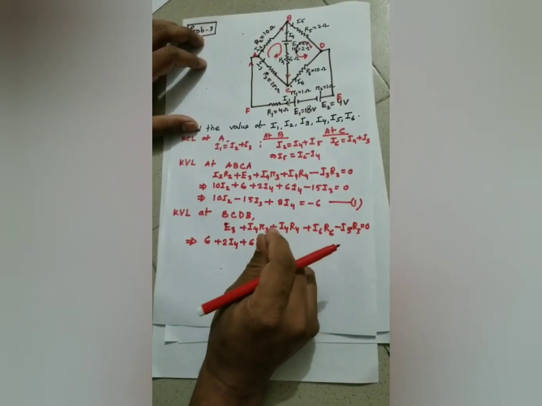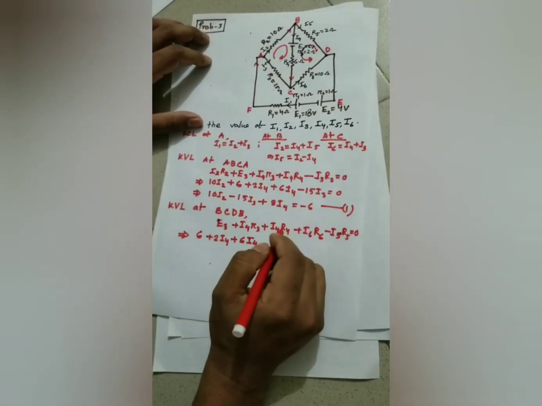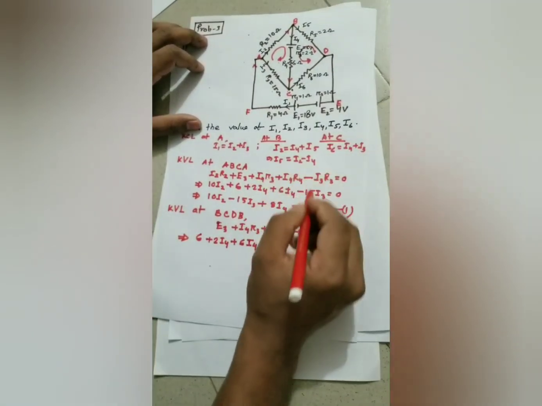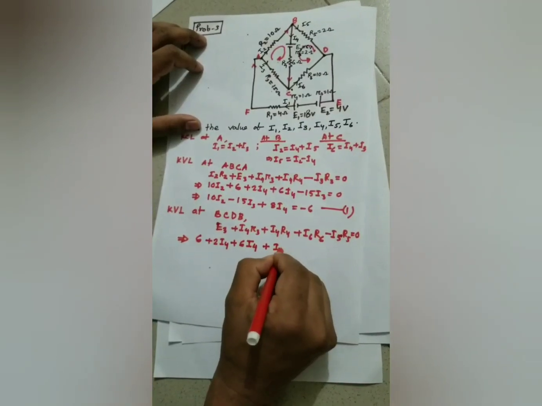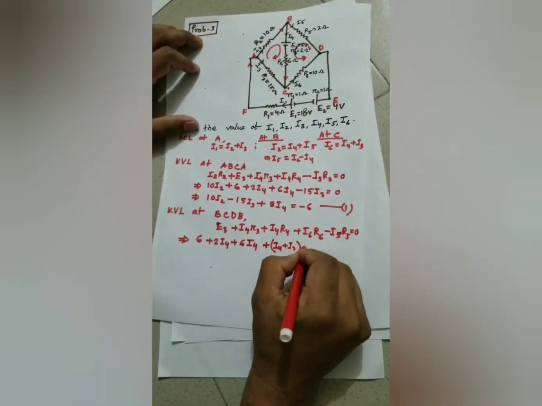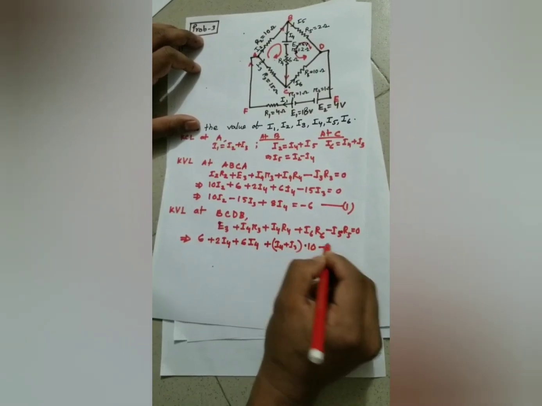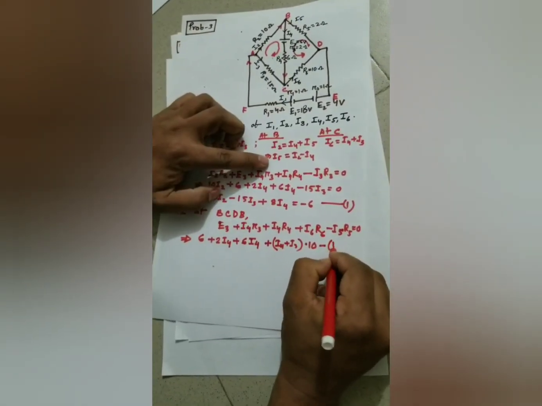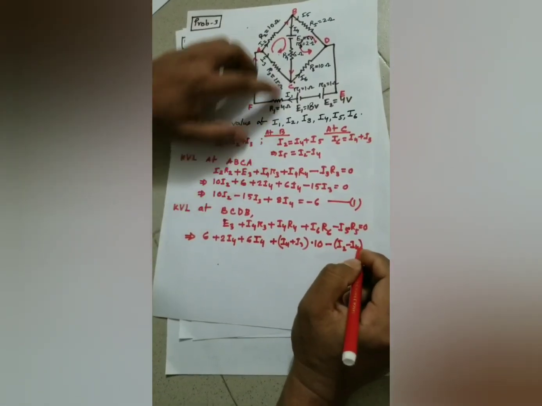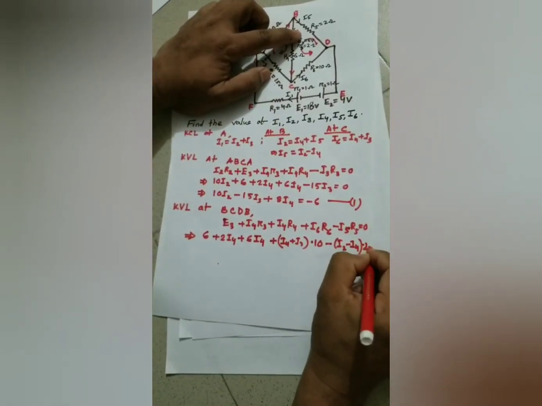plus I6 can be replaced by I4 plus I3, that means into R6 10, and I5 can be replaced by I2 minus I4 into 2 equals 0.